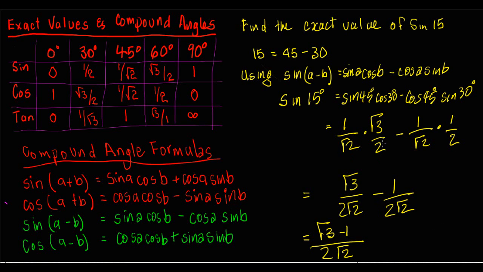Again, we get root 3 over 2 root 2 minus 1 over 2 root 2, and we know that the bottoms are the same, so we can subtract the tops. Root 3 minus 1 over 2 root 2. QED. Quite easily done.